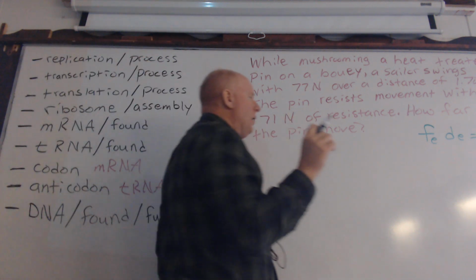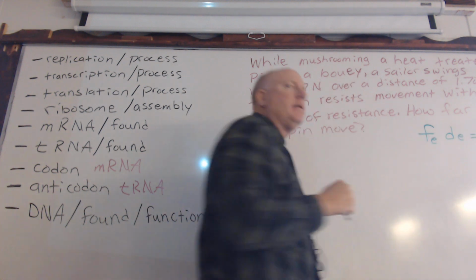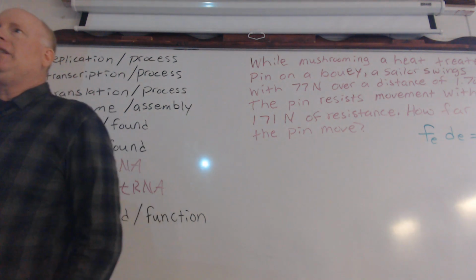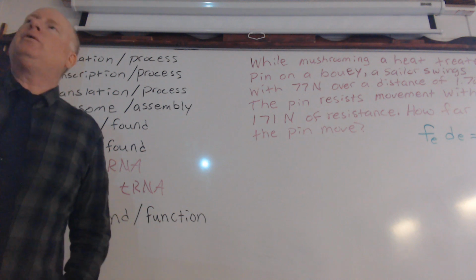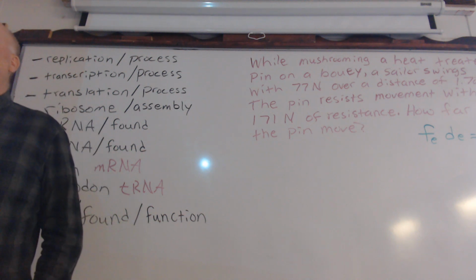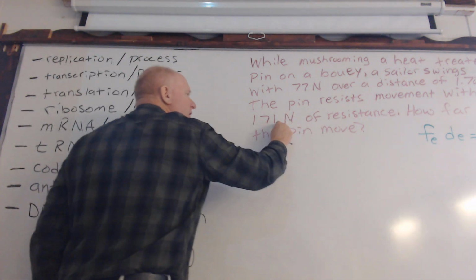What do you think that would be? Is that a resistance force or an effort force? Effort. Why is it an effort force? Because he's actually talking about putting an effort into it, and then what you had said as well, back row, because it says you have this much resistance as well.